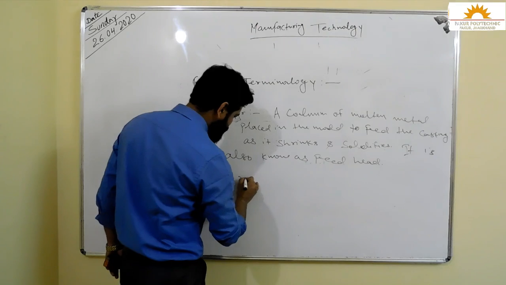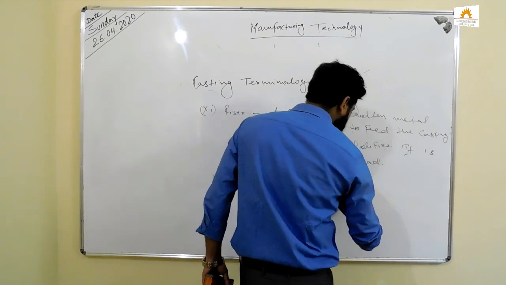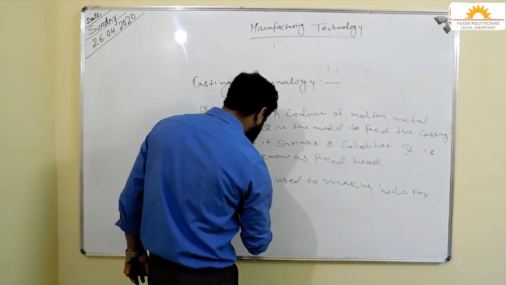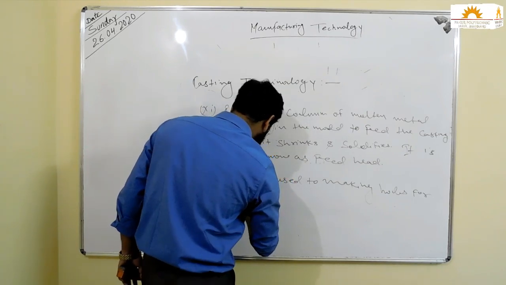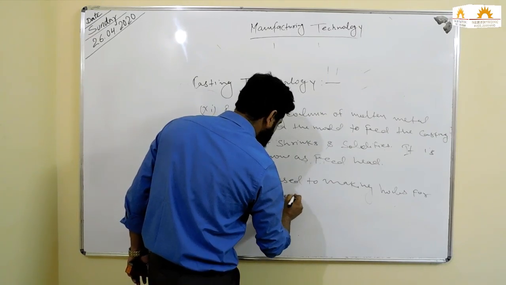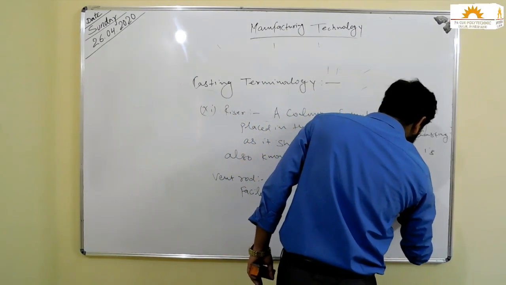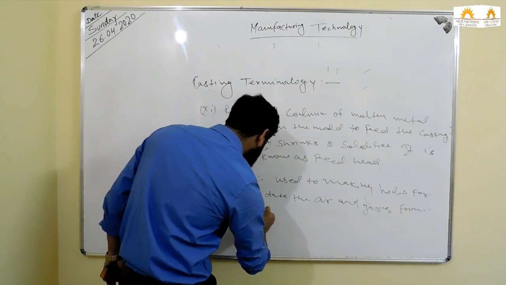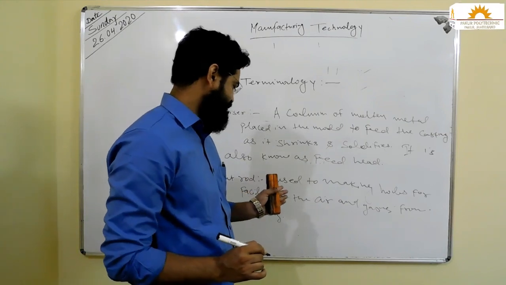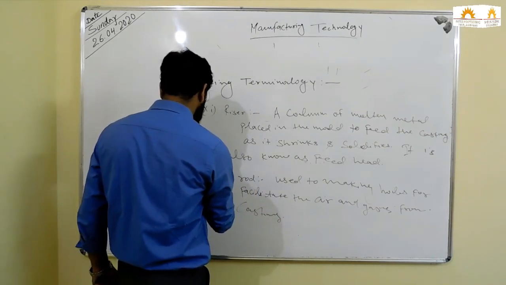Vent rod is used for making holes to facilitate the escape of air and gases from castings. This one is 12, 13.